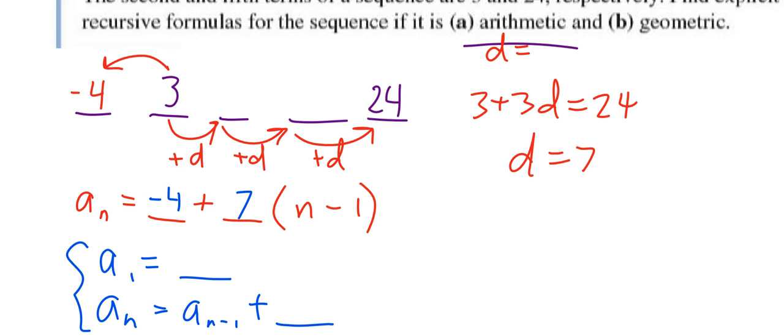Okay, what do we put in the 2 blanks? -4, yes. Plus 7, yes.